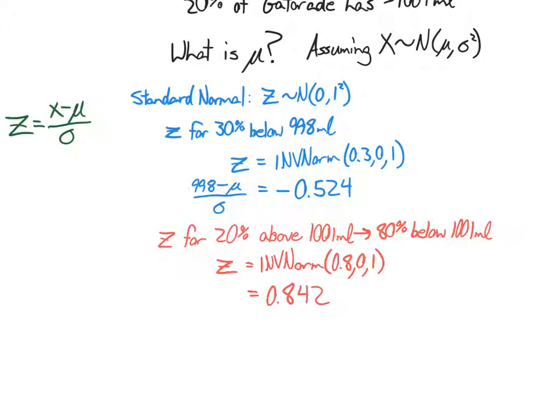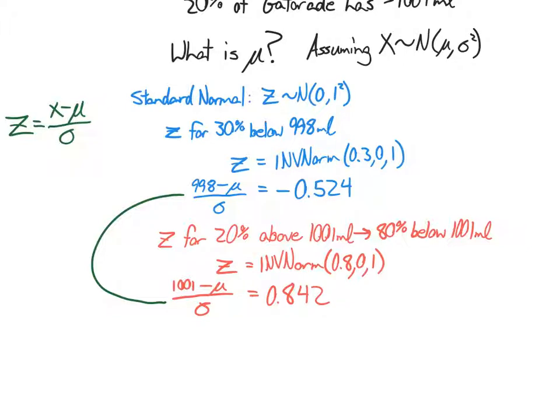Okay. So, again, using our formula for Z, which is in your formula booklet in case you forget it. X is 1001 minus mu over sigma is going to equal the 0.842. And now we have a system of equations that we can solve.